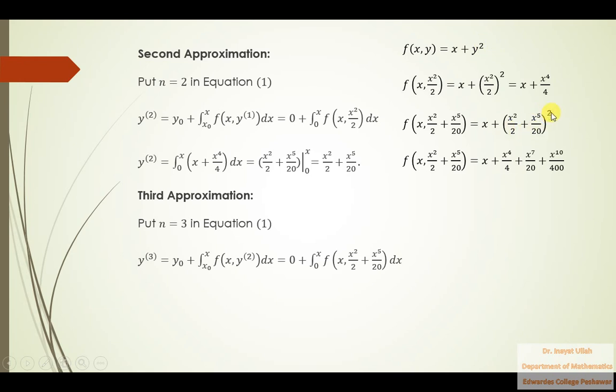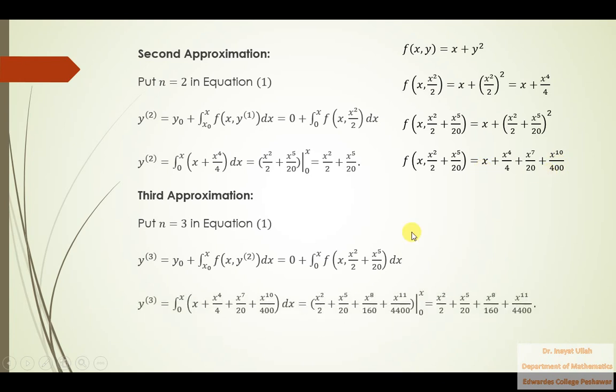Now open this sum, a plus b whole square is equal to a square plus 2ab plus b square. Replace this function by this value, and you just need to find the integral of these four terms.